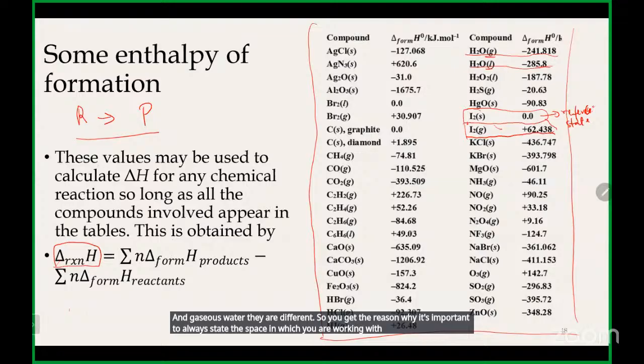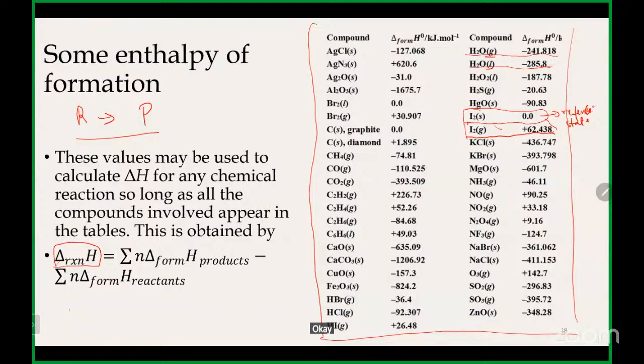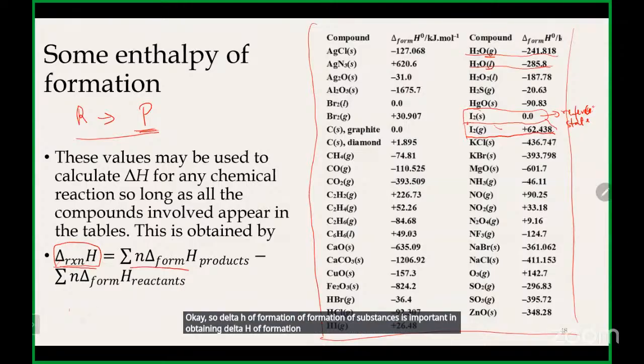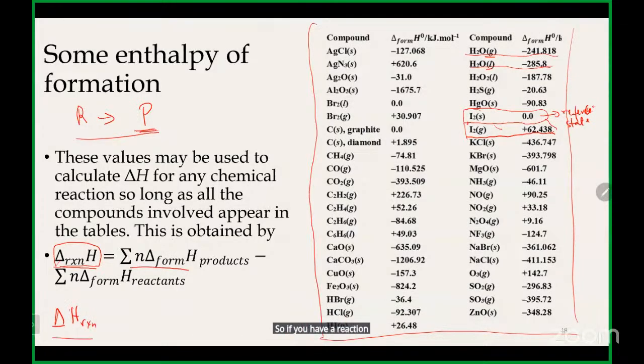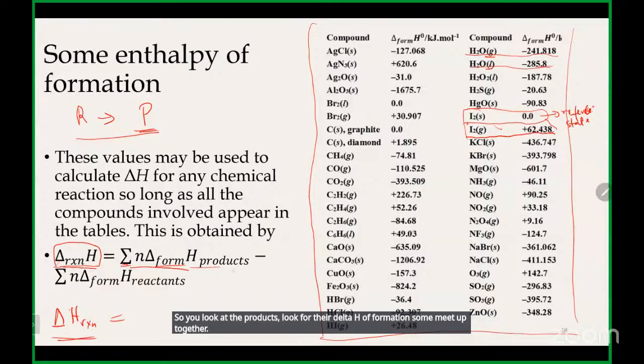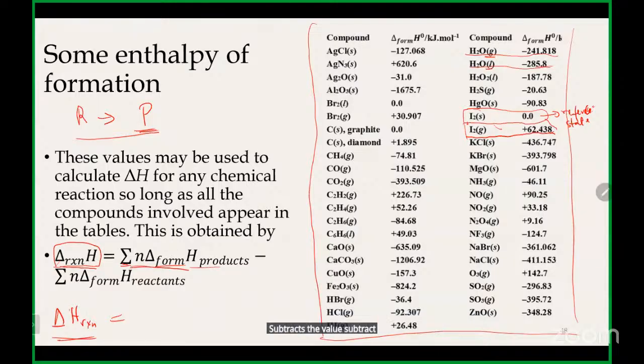I'm moving too slowly. Okay, so delta H of formation of substances is important in obtaining delta H of a reaction. If you have a reaction and you want to know its delta H, you look at the products, look for their delta H of formation, sum them together, and subtract the sum of the delta H of formation of the reactants.